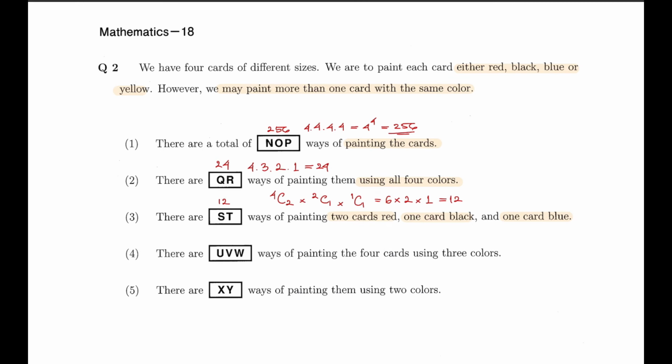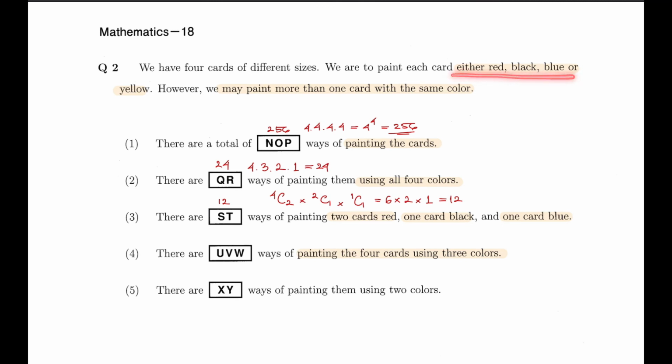Let's move on to the fourth question. There are blah blah blah ways of painting the 4 cards using 3 colors. Now I want to paint 4 cards but only use 3 colors. Since we have 4 different colors and we only want to use 3, first I will choose the colors that I will use to paint our cards.